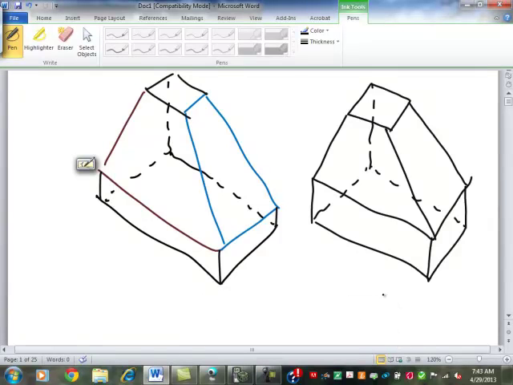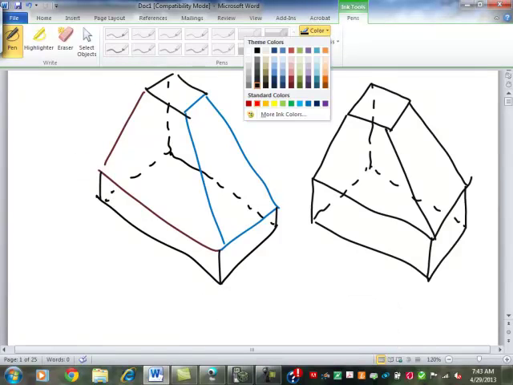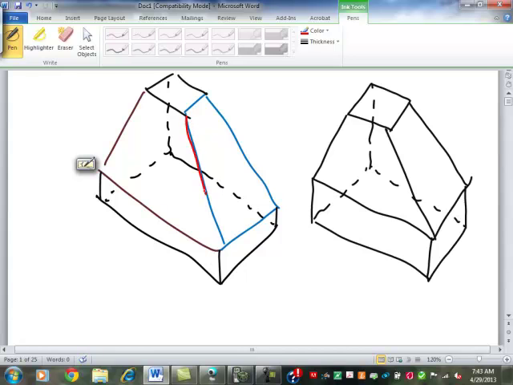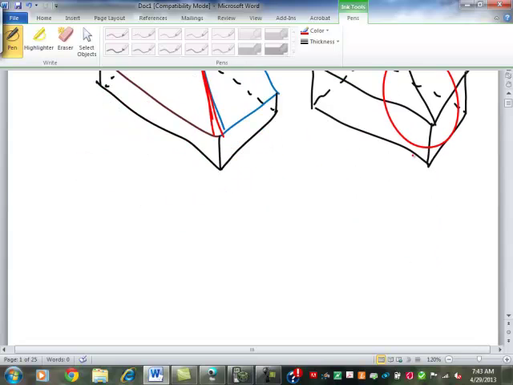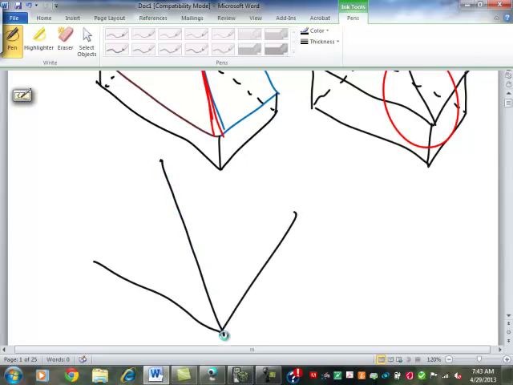Okay. So what we're concentrating on here is just this edge right here where the two surfaces intersect. If we look at that corner in particular, magnifying that corner, here's that edge coming in.